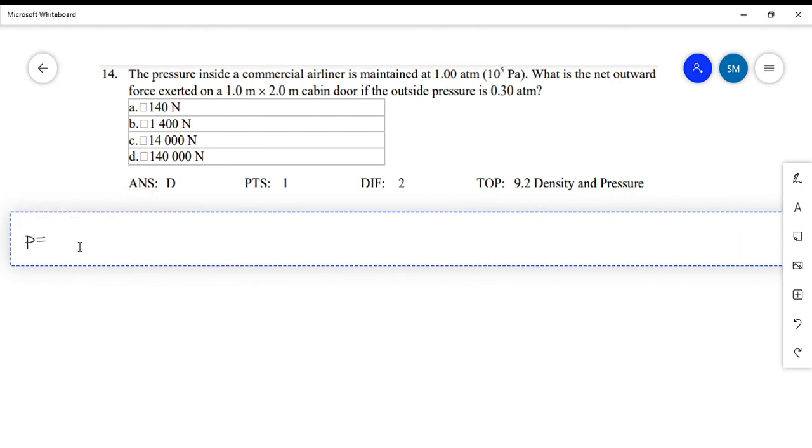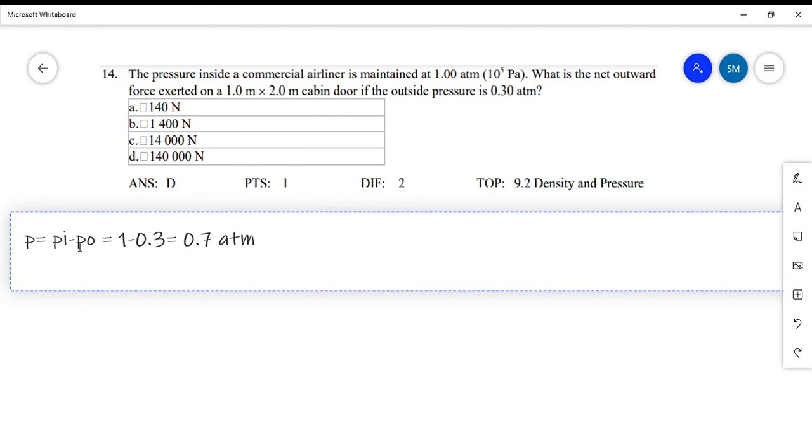Pi minus Po, which is the pressure outside, is equal to 1 minus 0.3, which is equal to 0.7 atm, not Pascal. Okay, this is the pressure.